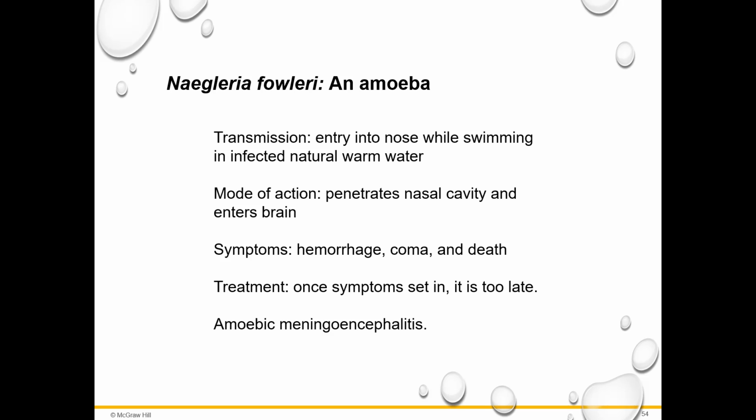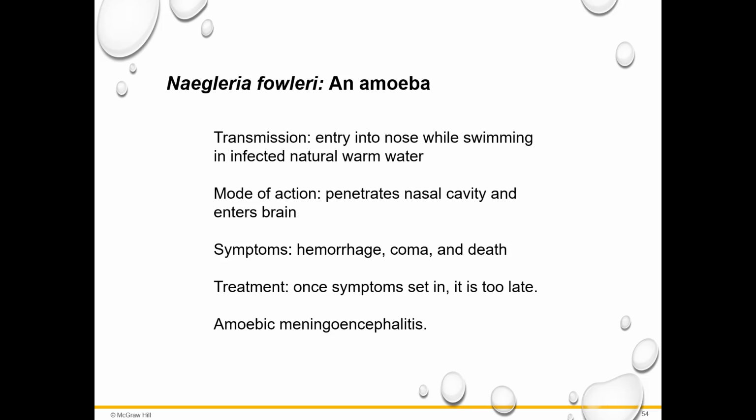So if you swim in natural bodies of water, predominantly in the southern United States and Central and South America, sometimes in the central United States, I've heard of cases in Tennessee and Virginia and so forth. If you swim outside in natural bodies of water and the water is infected with Naegleria fowleri, it can splash up into your nose, and they stick to the cilia inside of your nose, and they can eat holes straight through up into your brain.